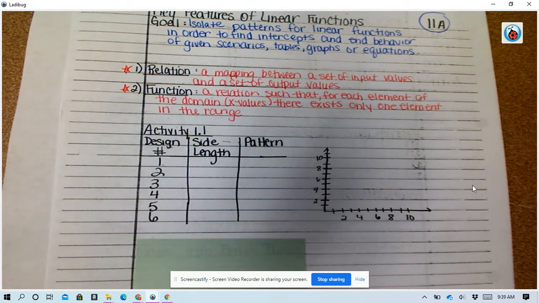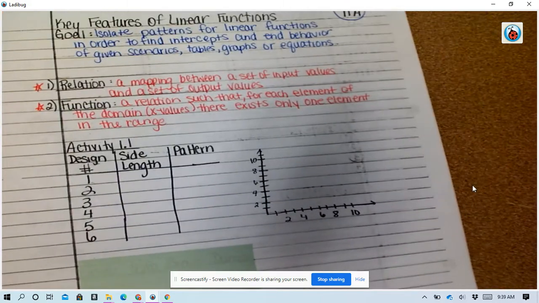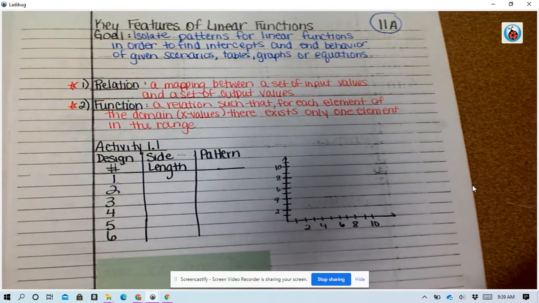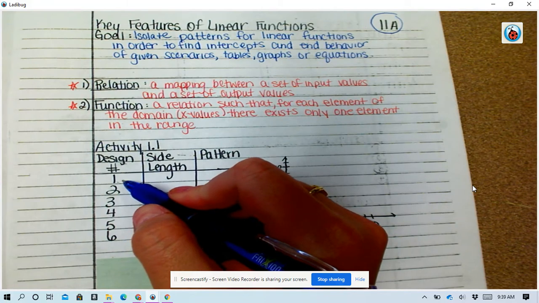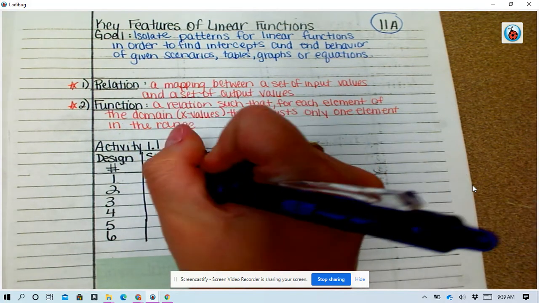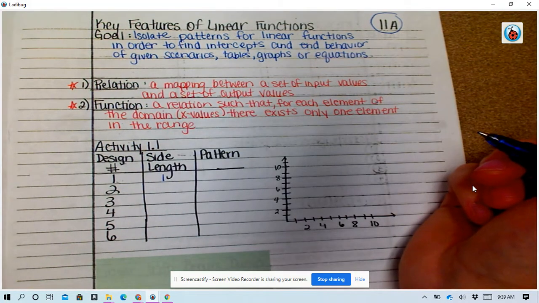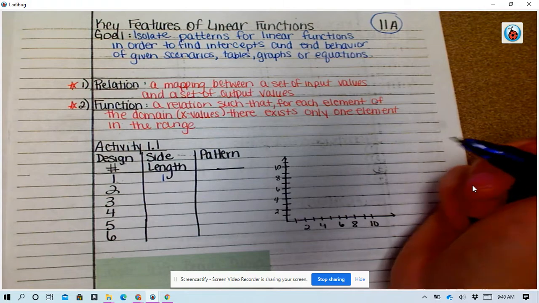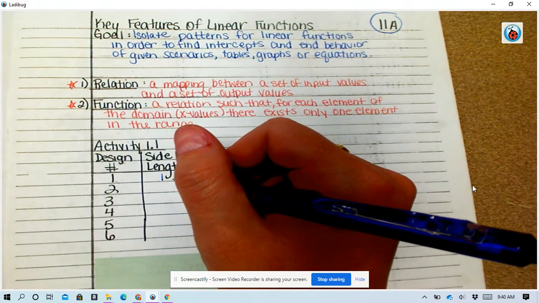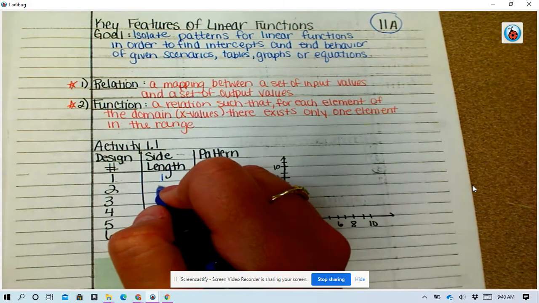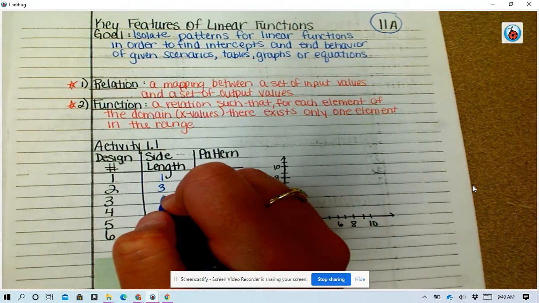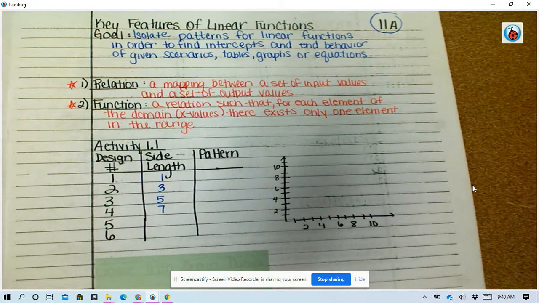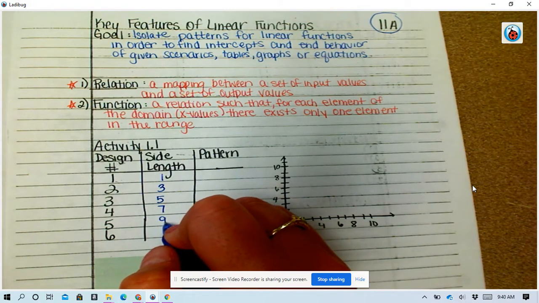And we're just going to fill it in. So at the first design number, the side length was 1. At the second design number, as we counted, the design was 3, and then 5, and then 7, and then it would be 9 and 11.